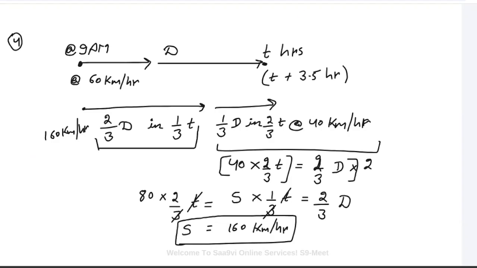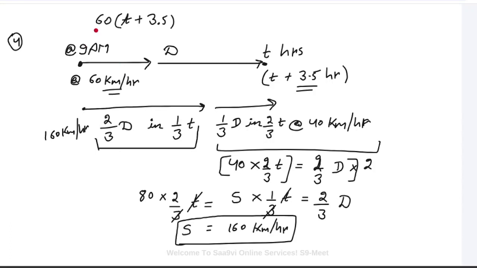Now add down the average speed, because at the top I can see speed is given, time is given. That means the distance is equal to 60 into t plus 3.5. That is the distance we have.